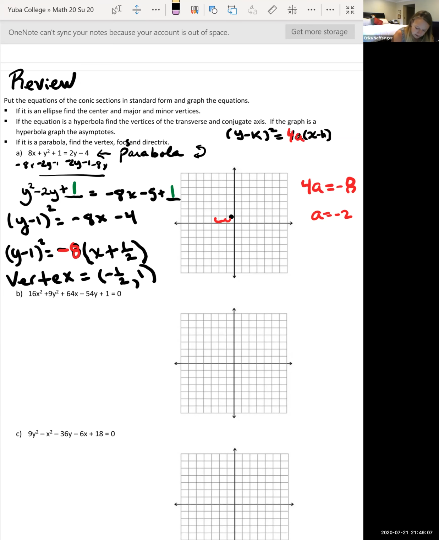We talked about it affecting the vertex in which direction, and so the focus is affecting my H value, going horizontally. My H value was -1/2, and then we subtract 2 from that, and my K value of 1 stayed the same. So this is going to be -4/2 minus 1/2, which is -5/2, or -2.5, comma 1.